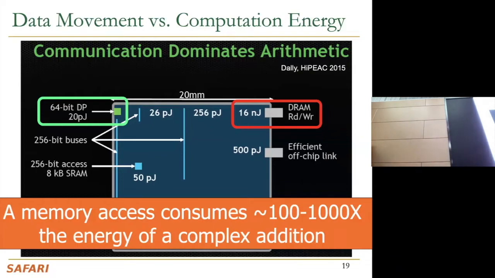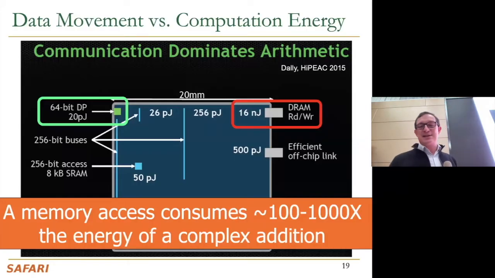When do I want to bring the data to the chip to do this operation that's not costly in terms of energy? And you can formulate this. This is a beautiful exam question, actually, in a computer architecture exam, in my opinion. You can do the calculation easily to figure out how many times you need to reuse that data on chip so that you can amortize the cost of energy. And that number tends to be on the order of thousands today.